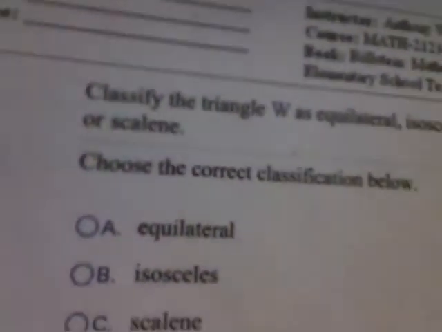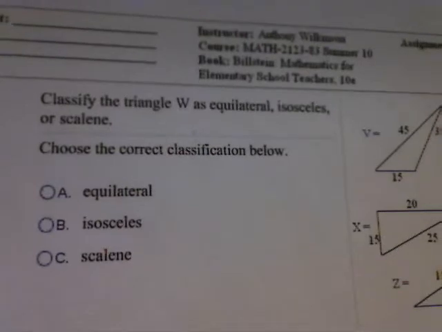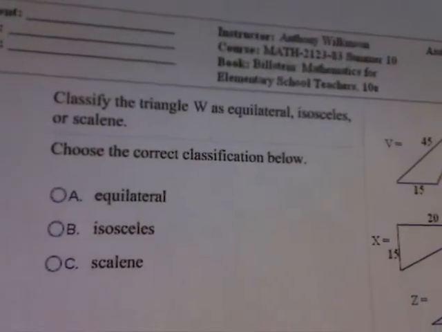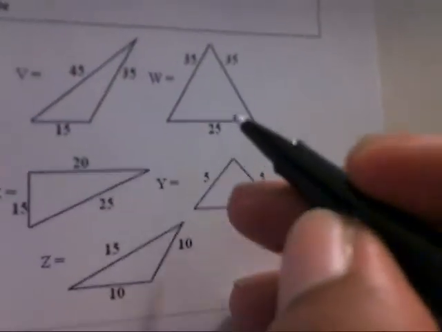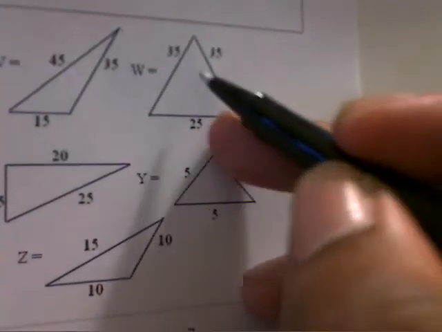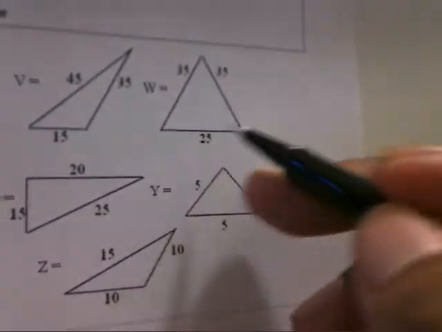Alright, let's look at the next problem, number 5. In this case here, you're told to classify triangle W as equilateral, isosceles, or scalene. Alright, let's find triangle W. Okay, and here's triangle W right here.